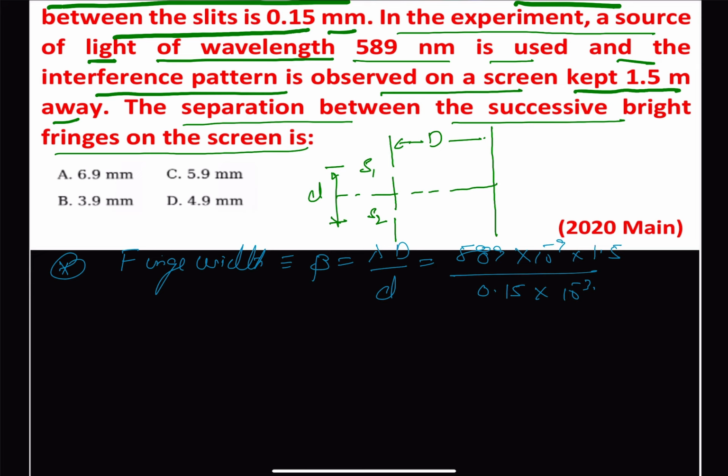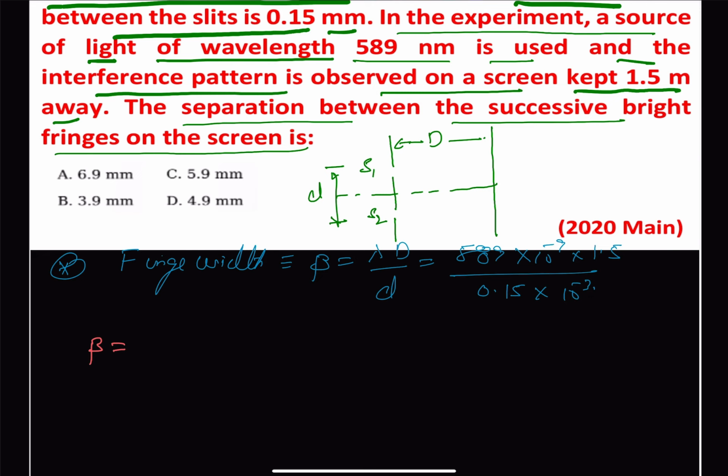So this gives us that beta will be equal to 15, and 15 goes away. We are left with only 10, and 10 to the power minus 8 divided by minus 3 comes as minus 5.